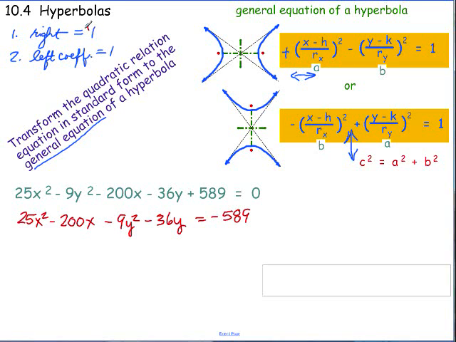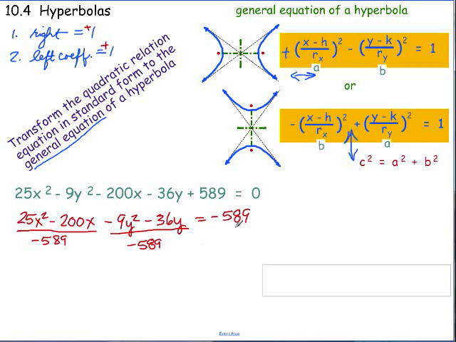Let's see if I can... I'm having trouble. So just to remind us, these are both going to be positives in the numerator. All right, so this would put this over a negative 589. This over a negative 589.